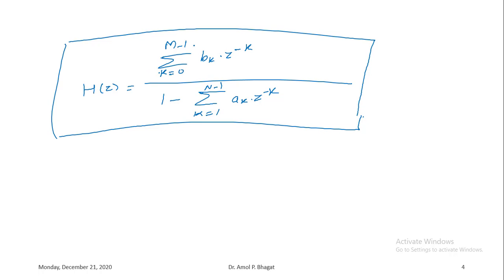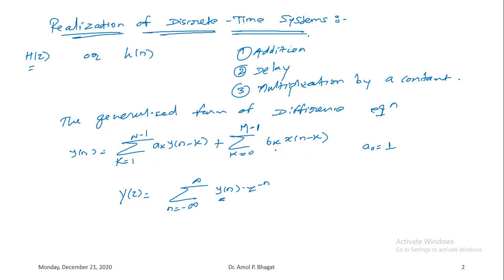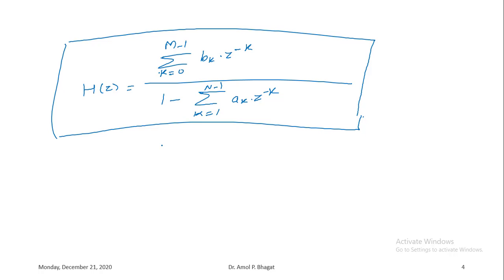So these coefficients bk are nothing but the coefficients which are multiplied with the input terms, that is past, present, or future input samples, right? While ak are the coefficients which are multiplied with the output terms.